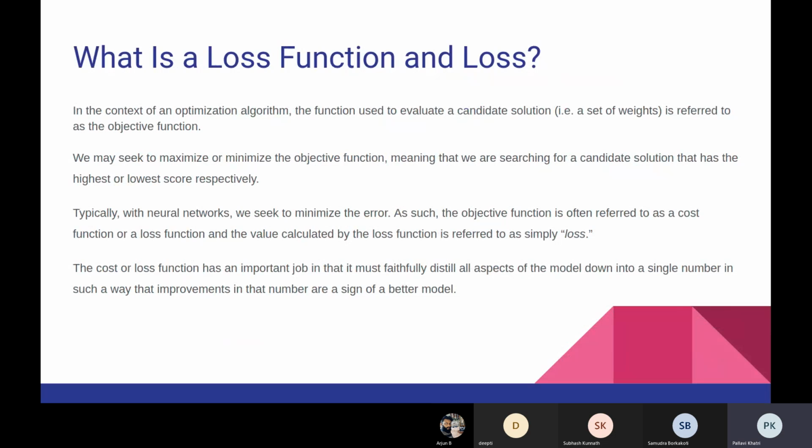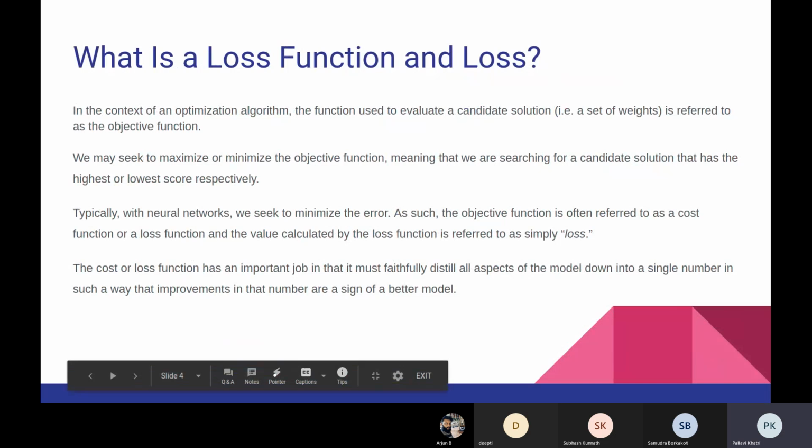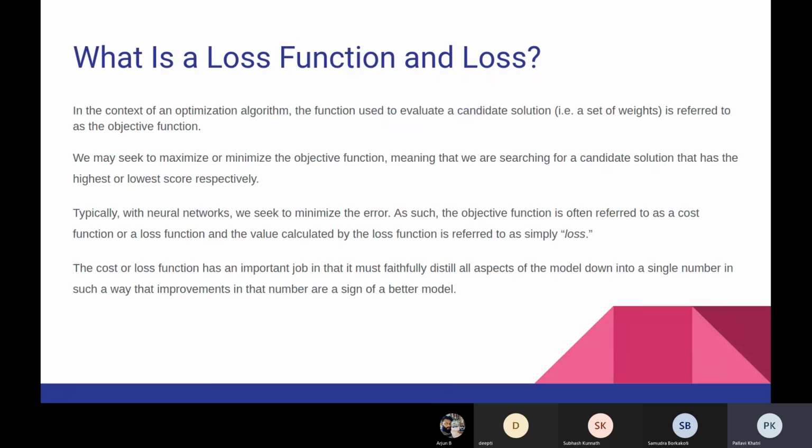Such an objective function is often referred to as a cost function or a loss function, and the value calculated by the loss function is known as loss. In this case we are seeking to minimize the error, so the value calculated by the function is referred to as loss.